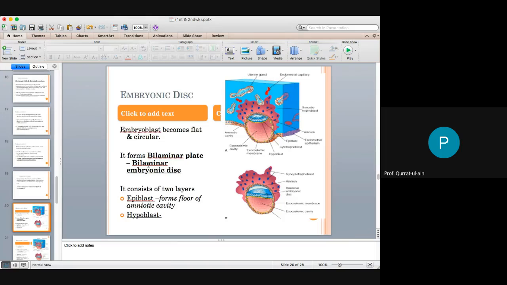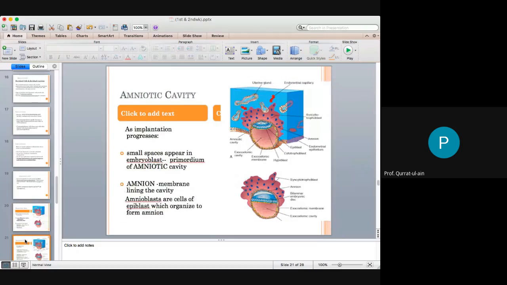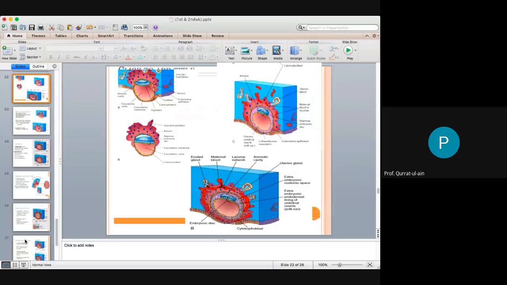So the bilaminar embryonic disc is this, which is the hypoblast and the epiblast here. The second week going down, and this is the erosion of the endometrial glands and the blood vessels, forming the lacunae in the syncytiotrophoblast, and syncytiotrophoblast is spreading all around.